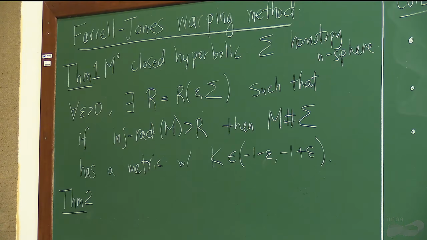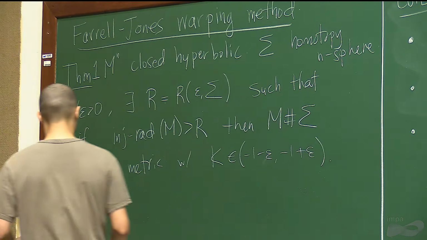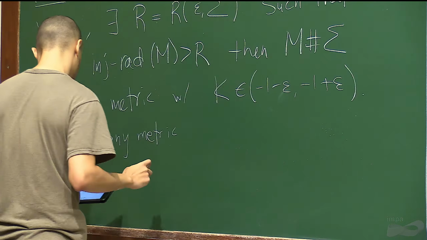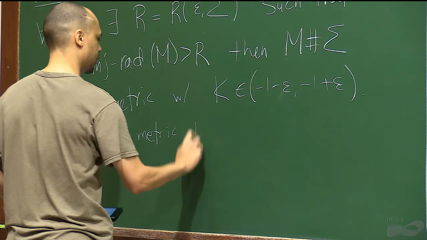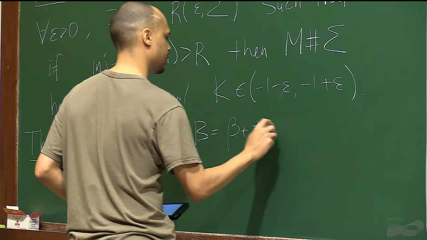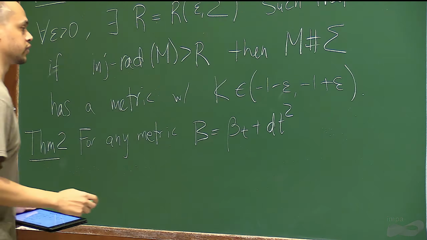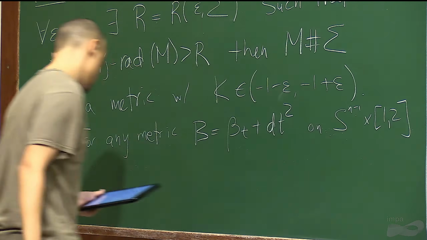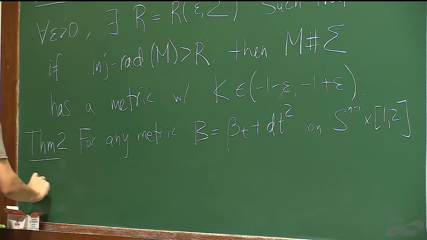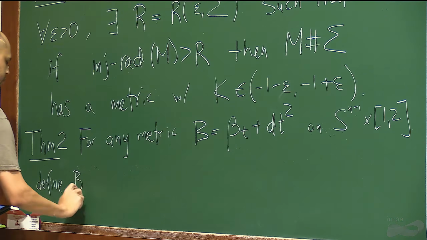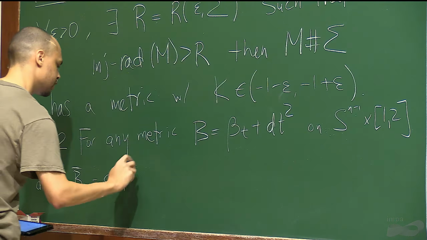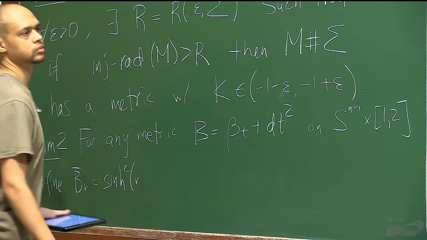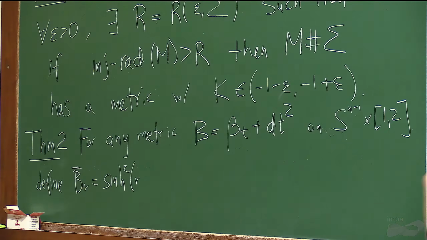Yeah, so the statement is, for any metric B of this form, so on S^(n-1) times [1, 2], we define B bar r as above. I wrote the wrong expression there.